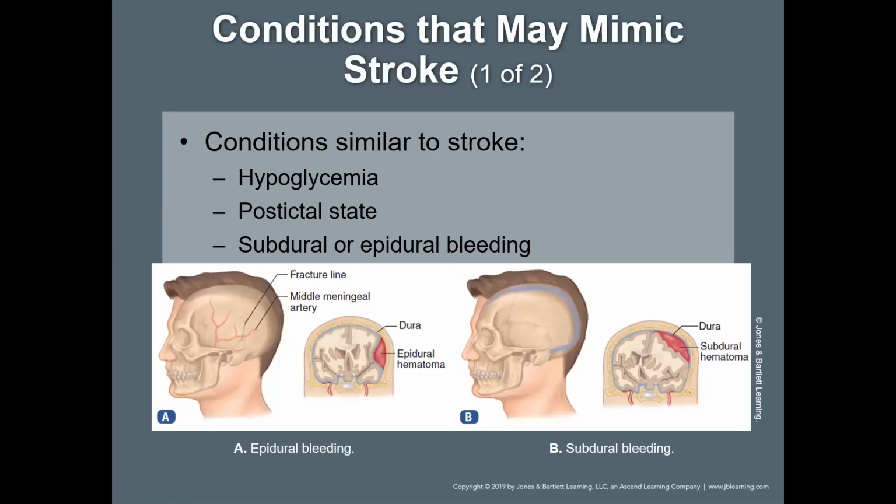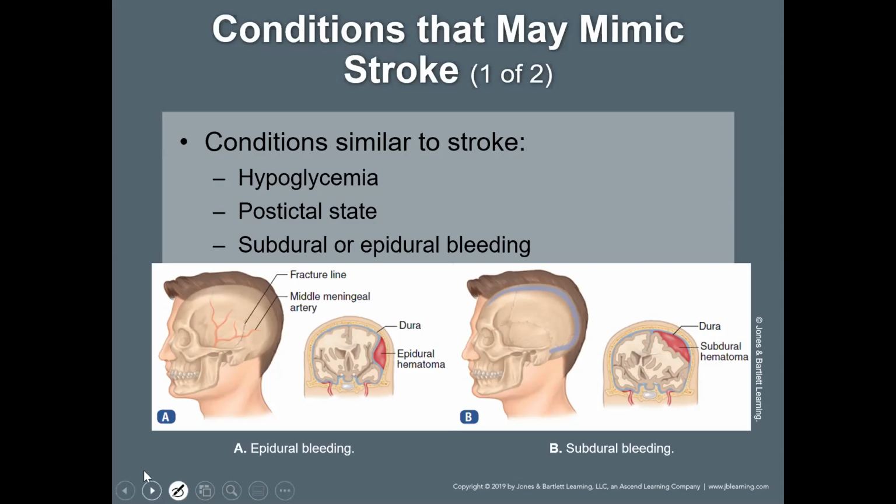All right, so we've talked a little bit about strokes. We've talked a little bit about VAN assessments and large vessel occlusions. Let's look at things that are in our differentials if somebody is altered, and things that can mimic stroke-like symptoms. So hypoglycemia or low blood sugar, a postictal state from having a generalized seizure, subdural or epidural bleeds can mimic a stroke with the symptoms.